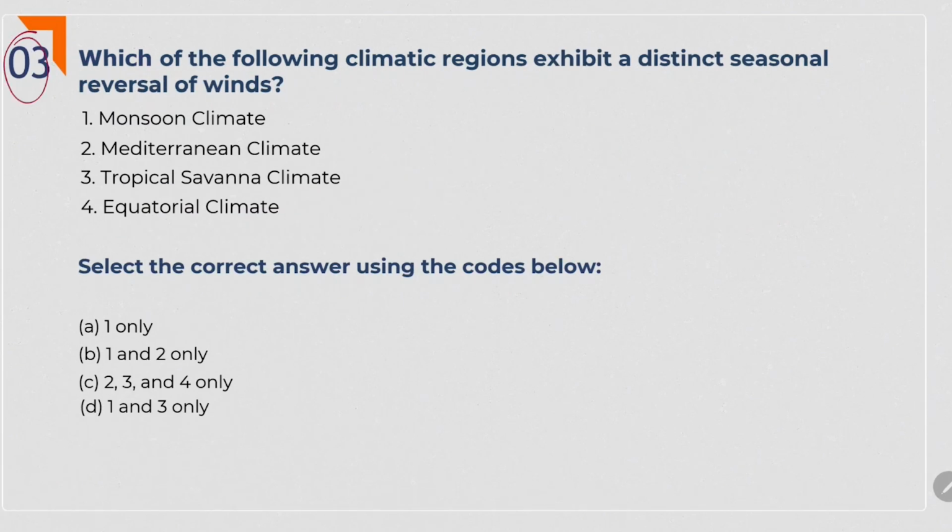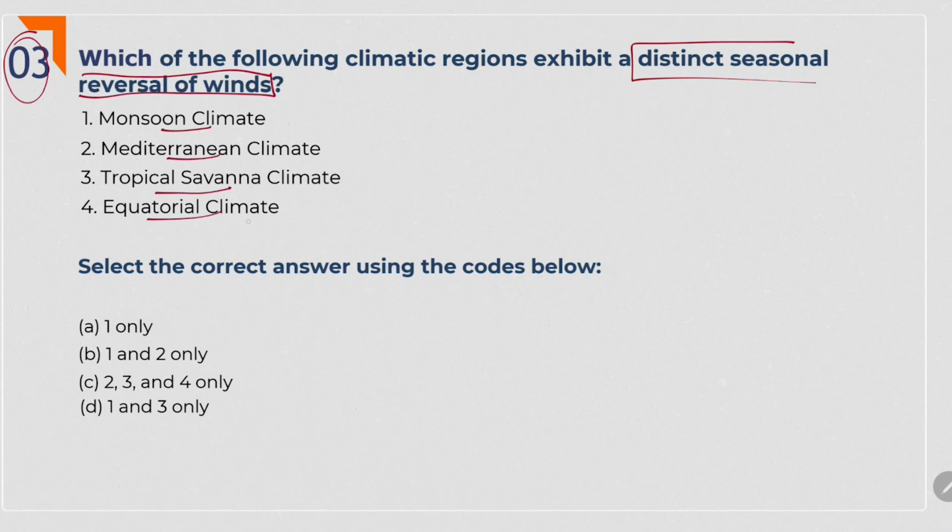Next question. Which of the following climatic regions exhibit a distinct seasonal reversal of winds? This seasonal reversal of winds is such an important concept with respect to geography. See the options. Monsoon climate, Mediterranean climate, tropical savanna climate and equatorial climate.